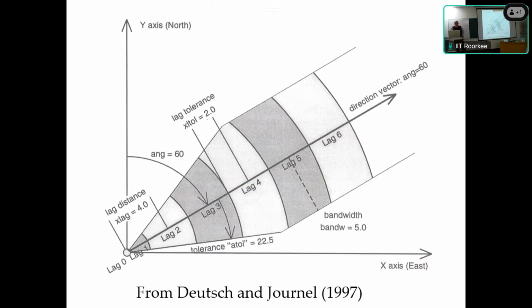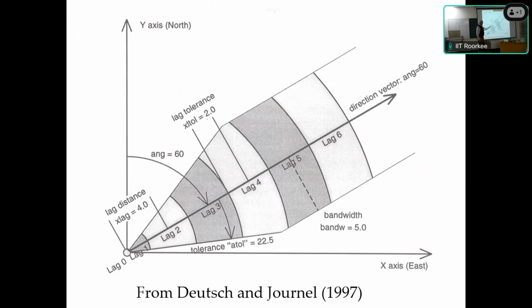Two different things. So here is how Deutsch and Journel, in their parametrization of semi-variogram models and also for Kriging models, can narrow down the search space for neighbors. They have a certain major direction vector, that's the angle.